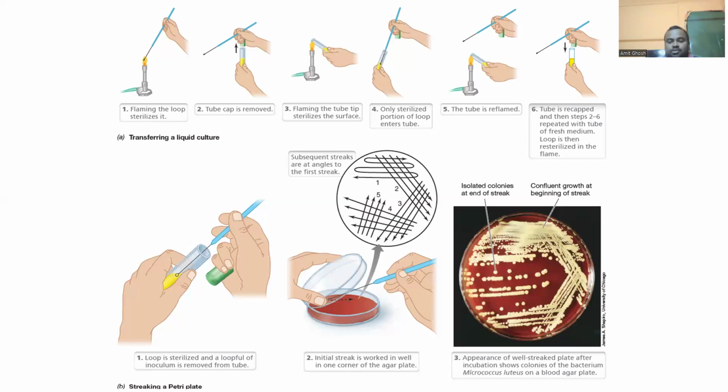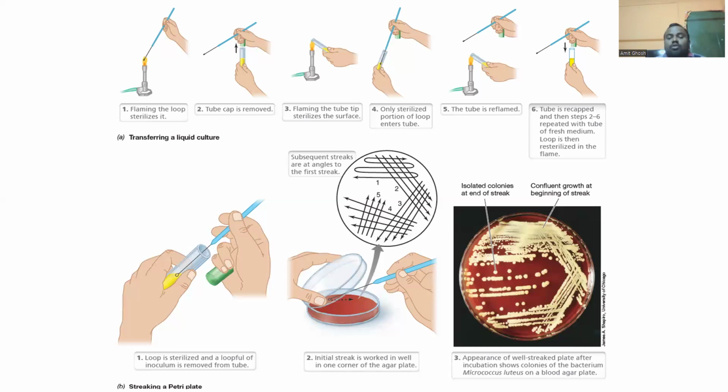And these are the isolated colonies, the creamy white appearance of the colonies at the end of the streak. We can also see the confluency of the growth. There is a lot of growth, and the growth looks like a lawn. So here you can find single colonies as well as lawn, because where the microorganism population is very high you find confluent growth, and where microorganisms are single, the colony is actually coming from a single microorganism.